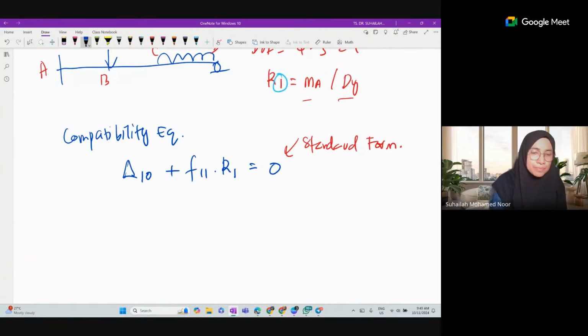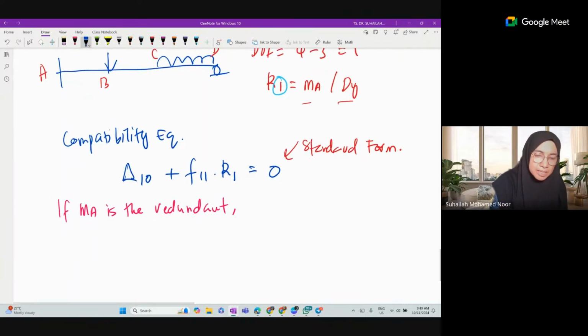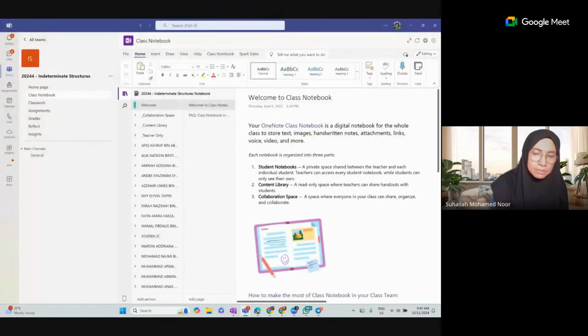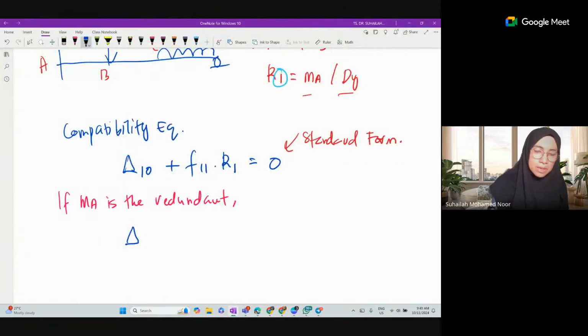So if, for example, MA is the redundant, okay, the compatibility equation is delta 1 naught plus F11. Use here the redundant. MA is equal to 0.